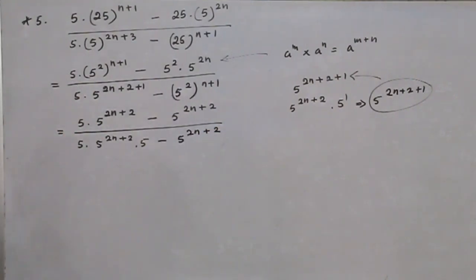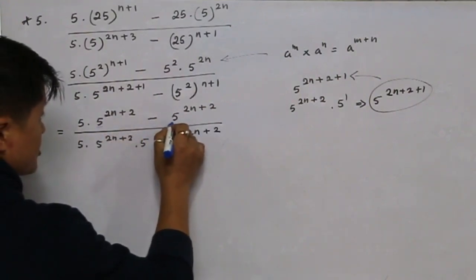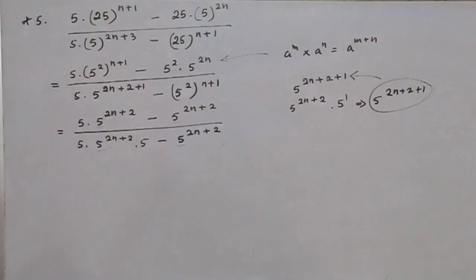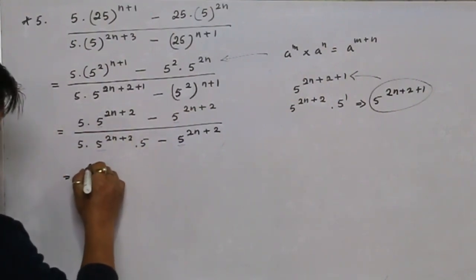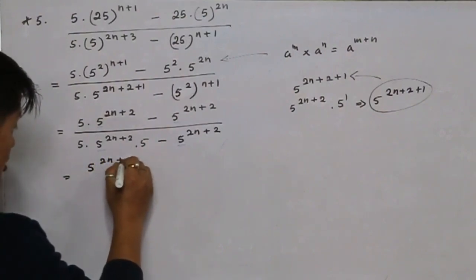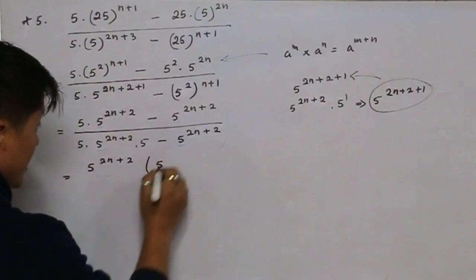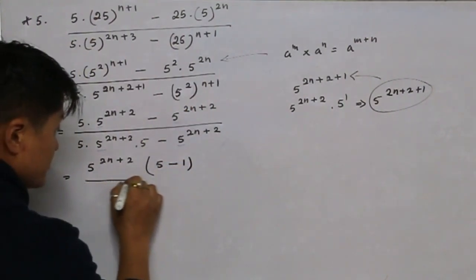So if you see here, all these terms, 5 to the power 2n plus 2, 5 to the power 2n plus 2, 5 to the power 2n plus 2 are the same. So we can take 5 to the power 2n plus 2 common. When we take this common, remaining will be 5 here and minus 1 here.